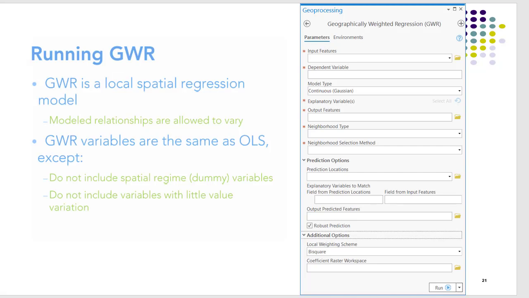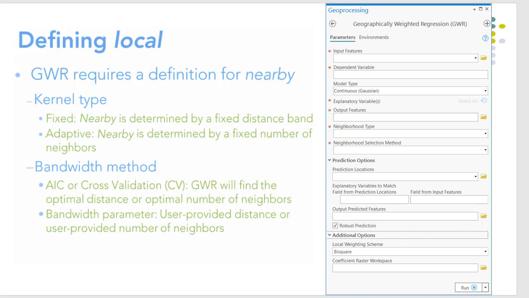So in terms of running GWR, again, it's a local spatial regression model as compared to a global one like OLS was. And GWR variables are the same as OLS, except do not include the spatial regime dummy variables, and they also do not include variables with little value variation. Defining local: GWR requires a definition of what you're calling nearby, using the kernel type or the bandwidth method.